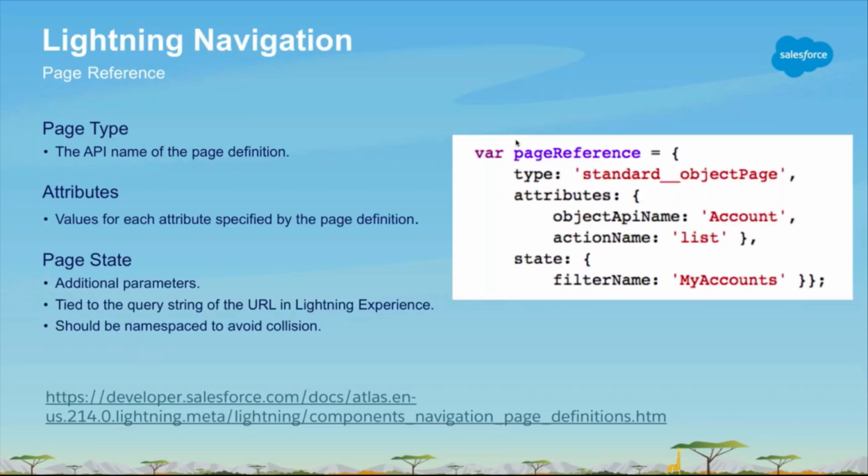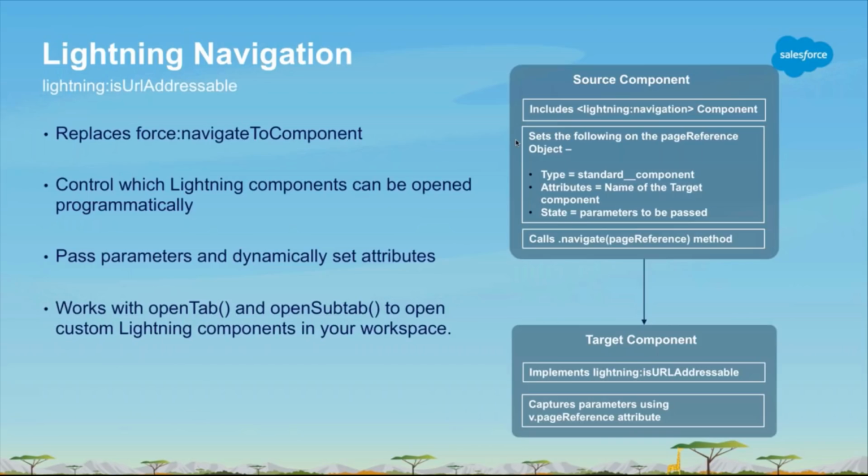Do I want to pass any state or any variables down to that page or that particular component? Because yes, I can actually add Lightning is URL addressable to my components so that I can navigate directly to these components in our Salesforce mobile application or directly to a tab or a sub-tab as well.